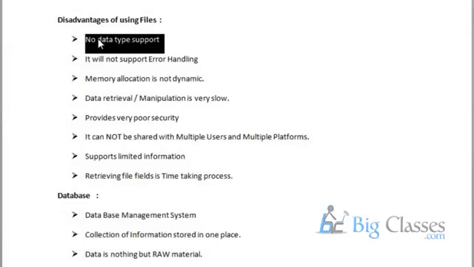In characters, again we have classification like a single character, then a group of characters, which we call strings. So here we have various types of data. That type support is not available with files, whereas with databases like Oracle and SQL Server, we can address the type of the data that we are going to store. We will be exploring those types of data in our upcoming sessions.